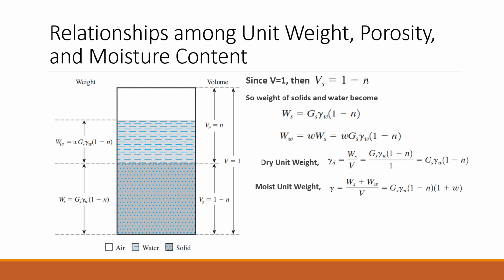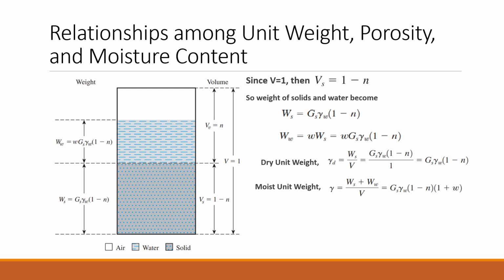So, since ina naman ang mga value, our dry unit weight will now become, so we know that the formula for our gamma dry is equal to the weight of solids over the total volume, wherein karon ang atong weight of solids, incorporating porosity into the equation, we now have the weight of solid equal to the specific gravity times the unit weight of water times 1 minus n over 1, because in this relationship, we have to equate the total volume to 1.